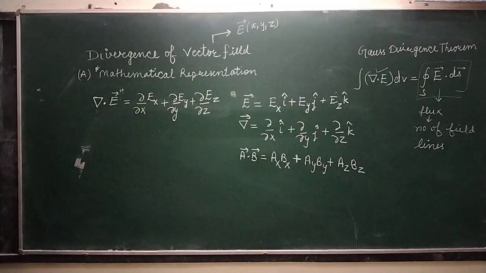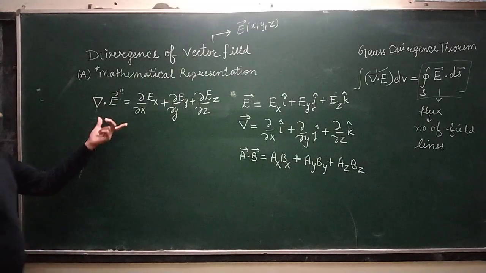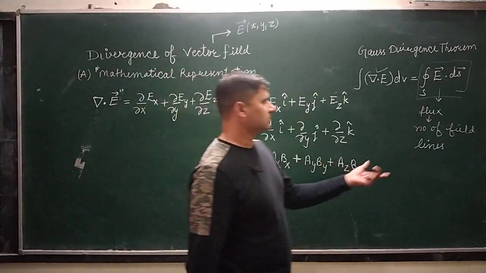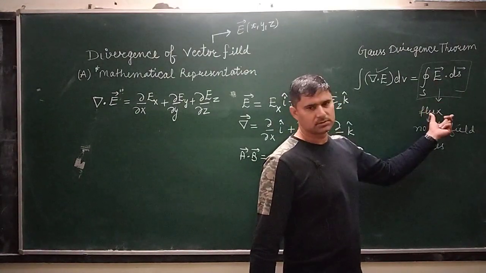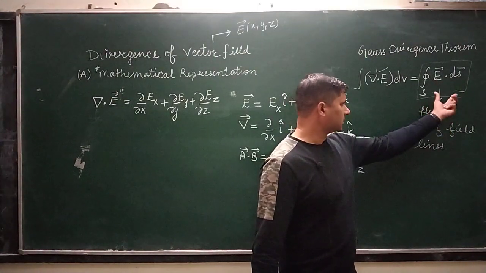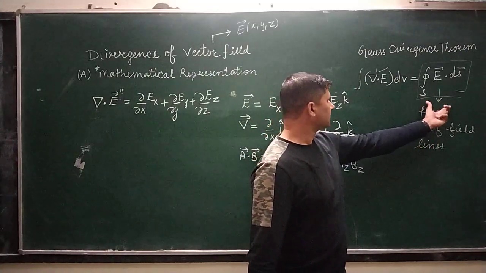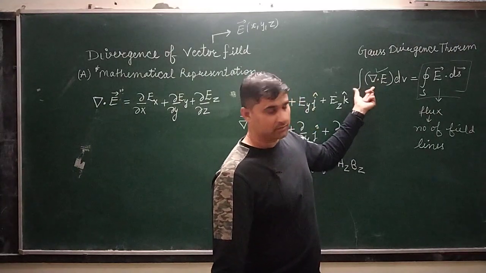Now we will discuss what is the physical meaning of this divergence of the vector field, and for that we will find this flux, and we will conclude finally that this flux is divergence of the vector field.